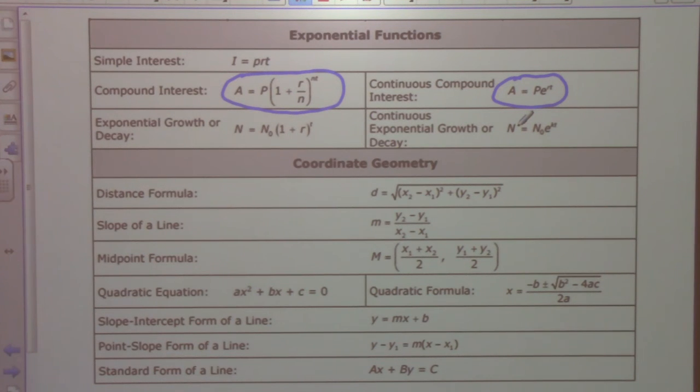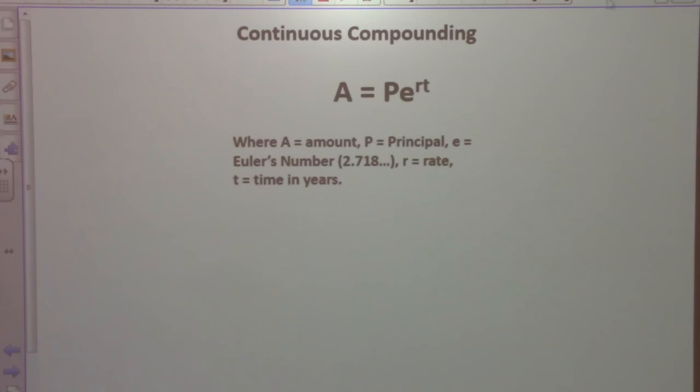Really, periodic compounding is not done nearly as much today. When I had my savings account as a little kid, they would do quarterly compounding, and you'd get this savings account book, and every calendar quarter they would put down how much your account was worth.